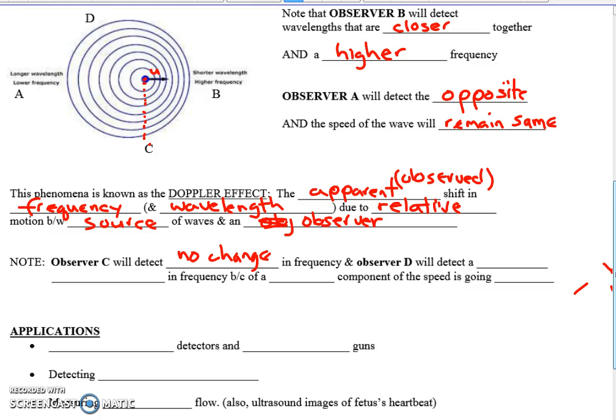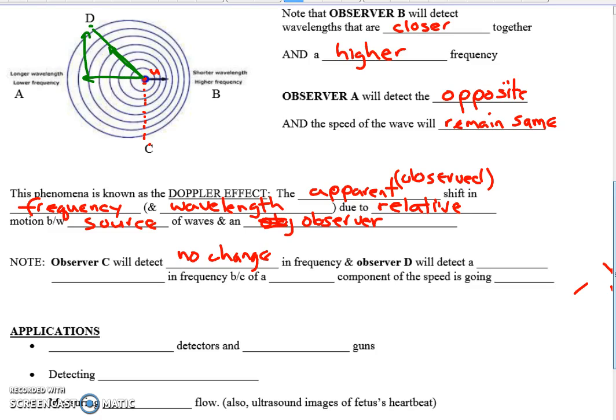How about D? Well, D is right here, and U is moving that way, so we could say that there is a component to U that is moving away from D, right? If we were to draw a vector, well, right here is which way it's moving. If we take that vector and extend it out to D, there's a part that's this way and there's a part that's that way.